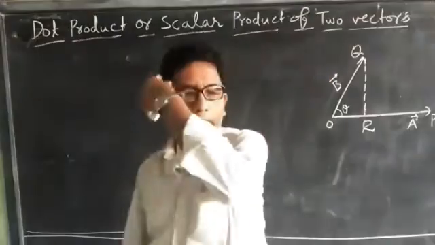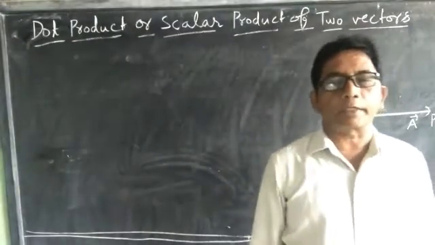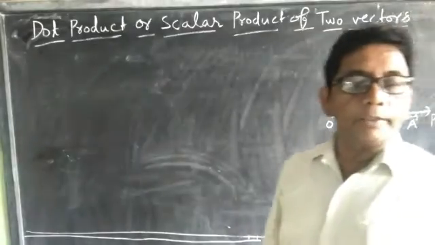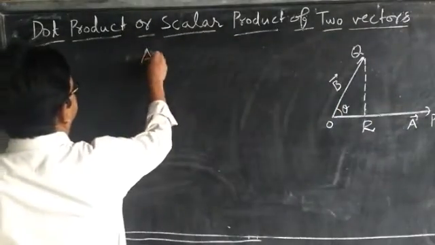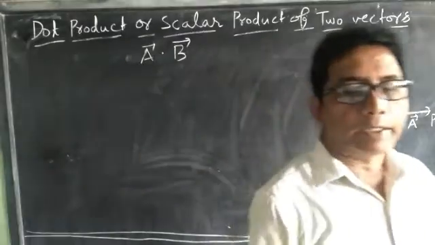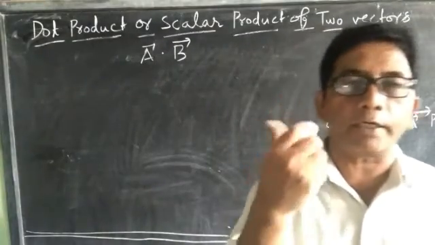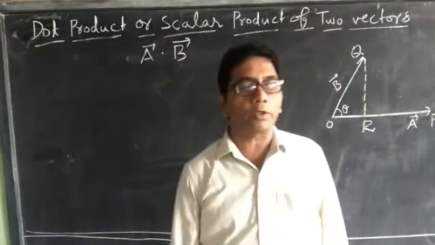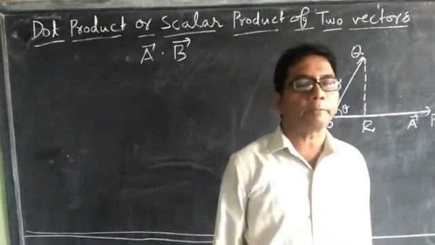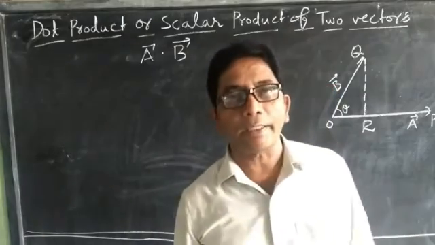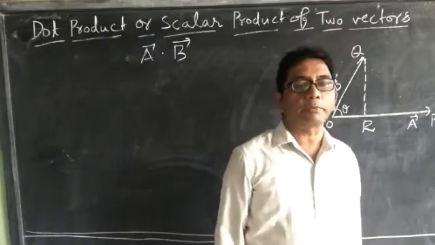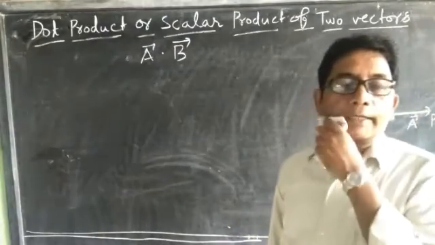Now first we will tell you about vector A and vector B. The dot product of vector A and vector B is represented by vector A dot vector B. Vector A dot vector B is a scalar, equal to the product of the magnitudes of vector A and vector B and the cosine of the smaller angle between them.